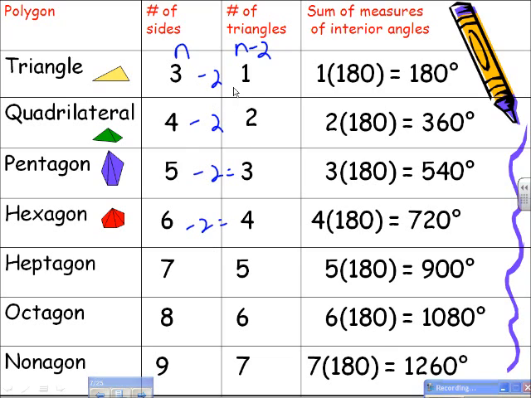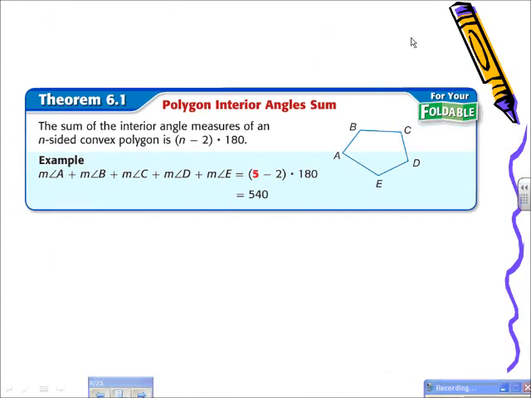Every time, we took the number of triangles and multiplied by 180. So to get the sum of the measures of the interior angles of a polygon, it was n minus 2, and then we multiplied by 180. That is the polygon interior angle sum: the sum of the interior angle measures of an n-sided convex polygon is n minus 2 times 180.